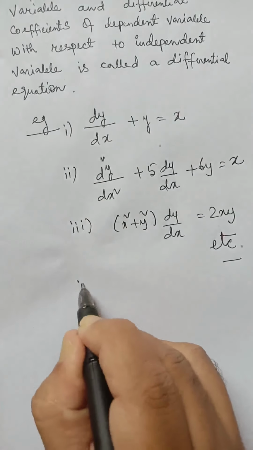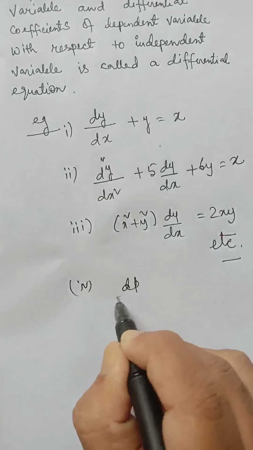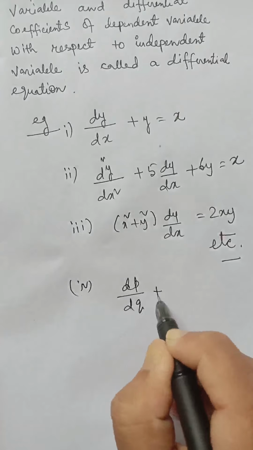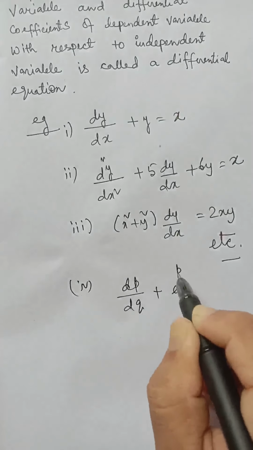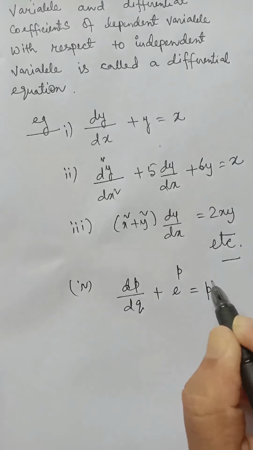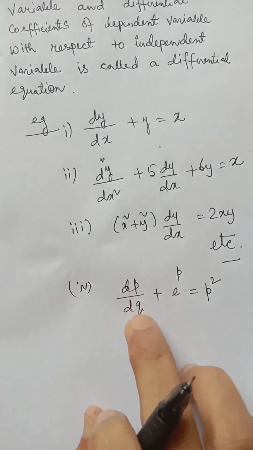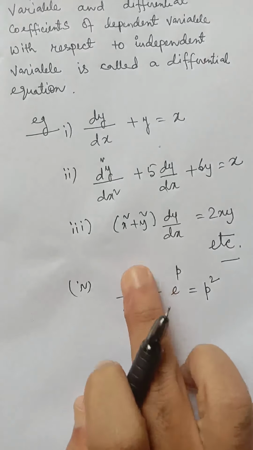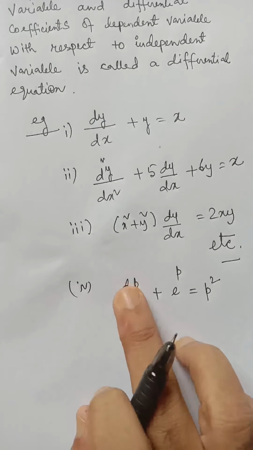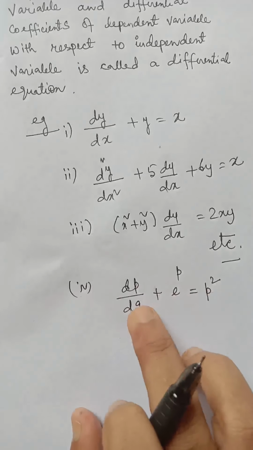I can write in this way also, dp dq plus e to the power p is equal to p square. You can see the variables in this derivative are p and q. So this is a relation between dp dq and the variables.